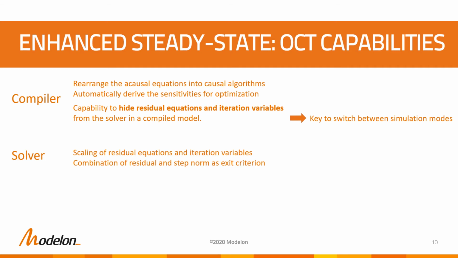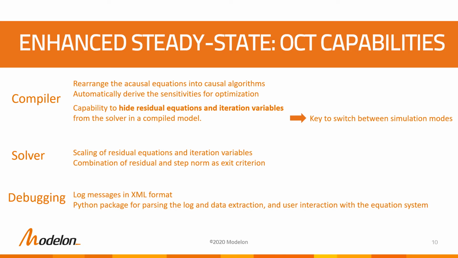On the solver side, residual equations and iteration variables are scaled. The former is scaled based on the Jacobian, while the latter is scaled based on nominal values. The convergence is achieved when the exit criterion is satisfied. This criterion is based on combination of residual and step norm.